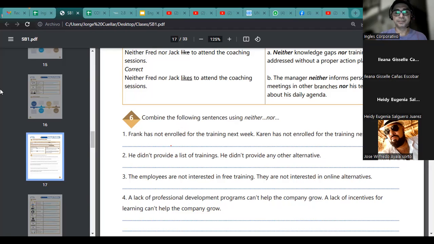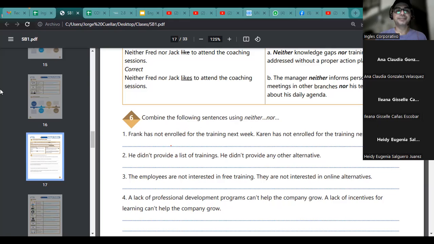Go ahead. Neither a lack of professional development nor a lot of incentives can help the company grow. Perfect, that is it. So in this case, yes, we can start with neither because the two options at the beginning are the options actually. Neither a lack of professional development programs nor a lack of incentives can help the company grow. Very good. That is what is going to guide us.